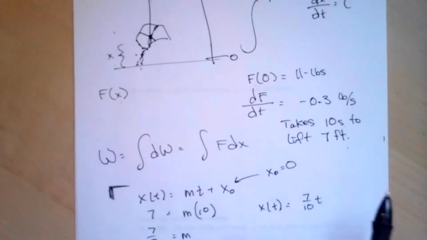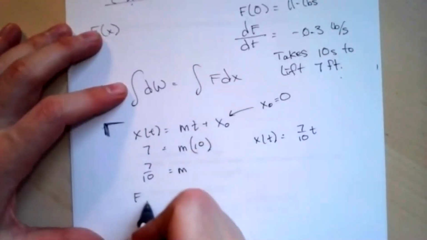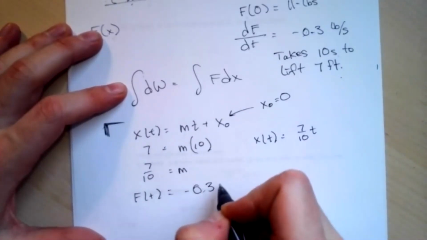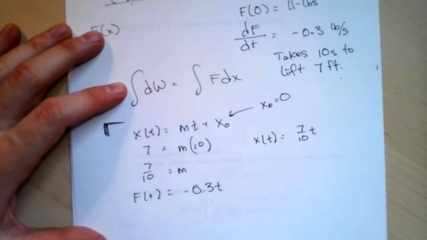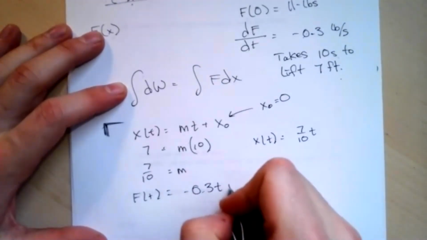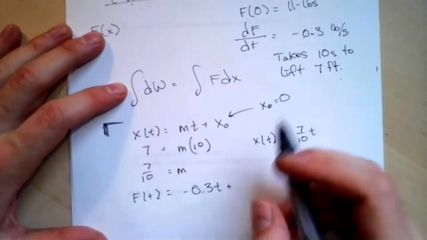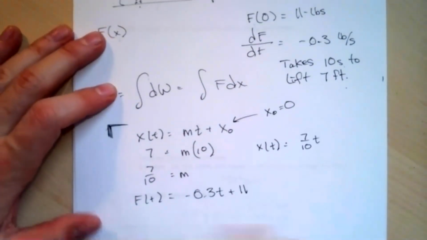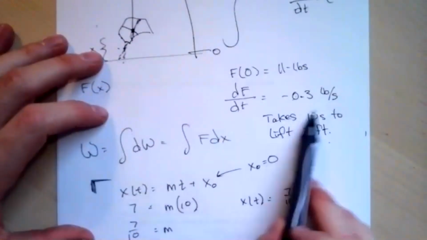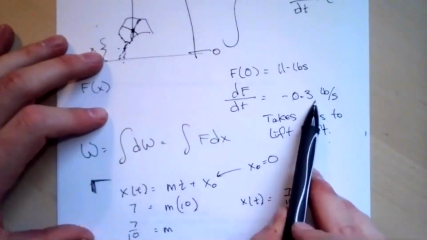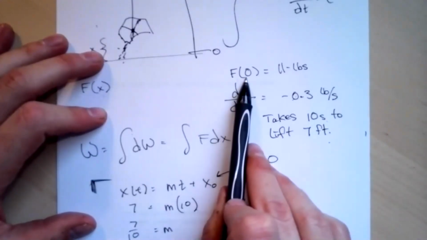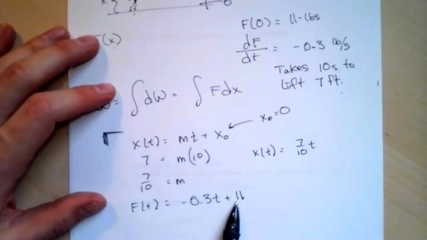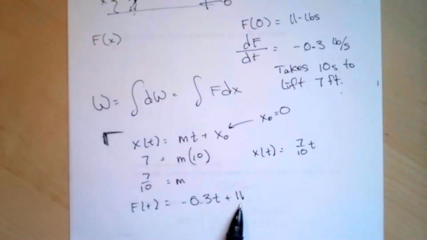Which means f of t is going to be minus 0.3 pounds of sand every second that we're losing, plus the initial amount of sand. You could solve that simply by integrating, and you get minus 0.3 t plus a constant, and then knowing that at time 0, we are at 11 pounds, we would solve for that. 11 is our constant.